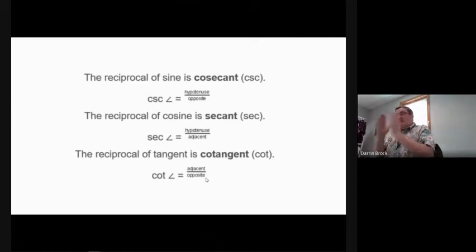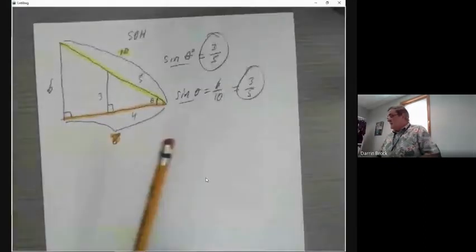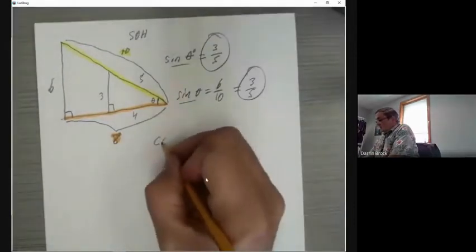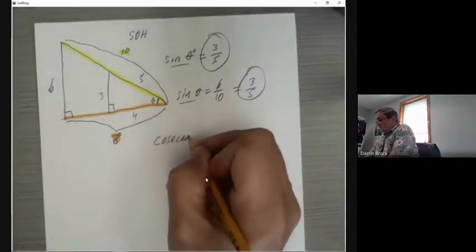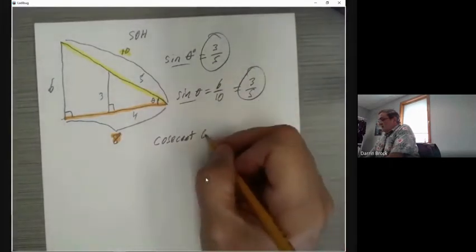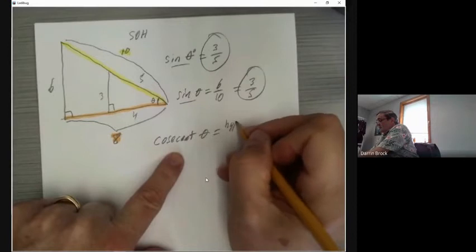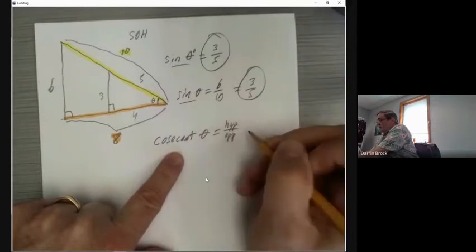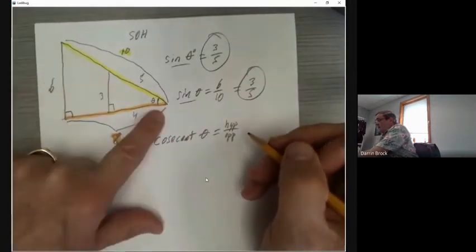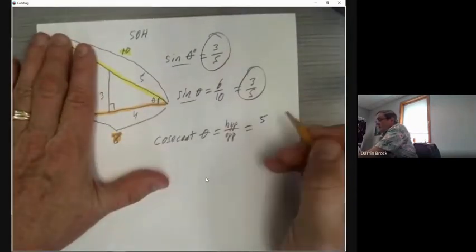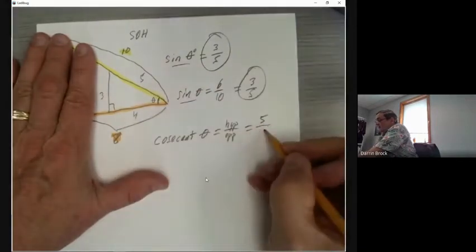So make sure you have this in your notes too, because when we go back and look at our triangle that we just had up here, the sine is 3/5. If we want to look at the cosecant, the reciprocal of that, it's the hypotenuse over the opposite. Looking at the small triangle, the hypotenuse is 5, and the opposite is 3.